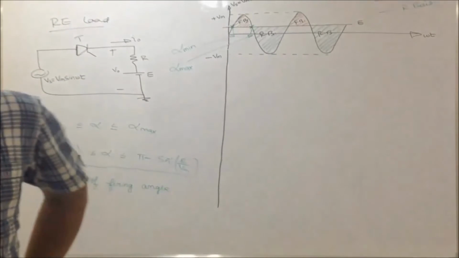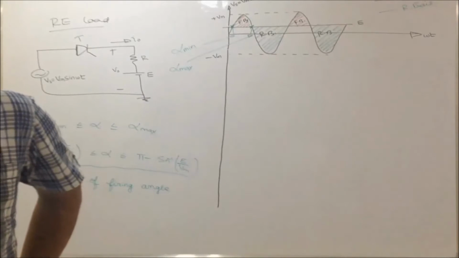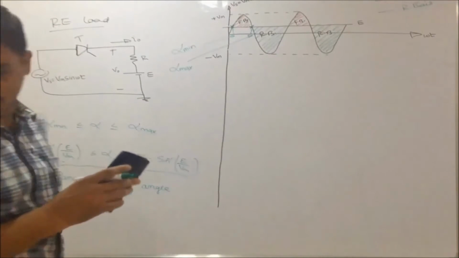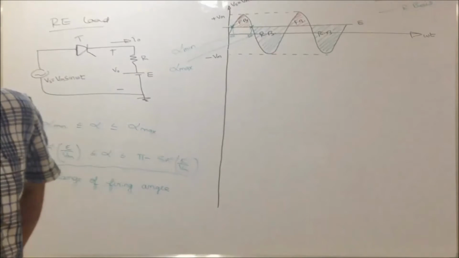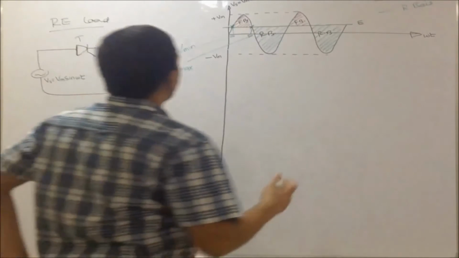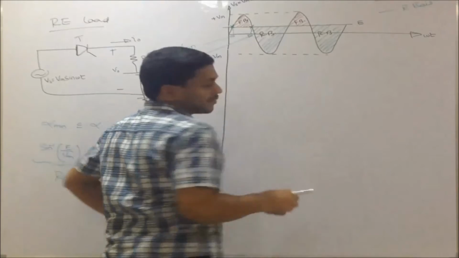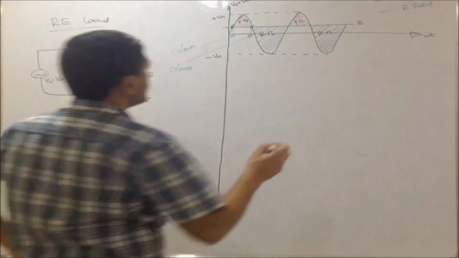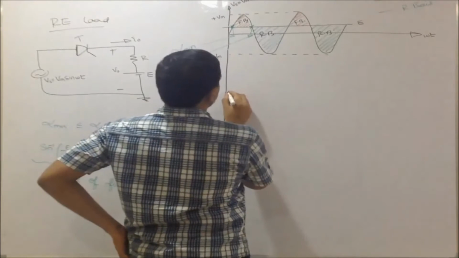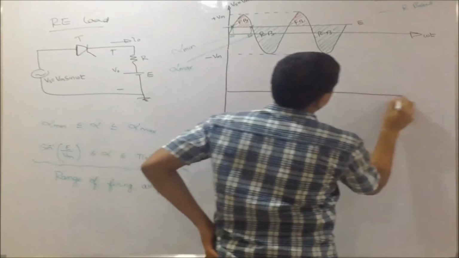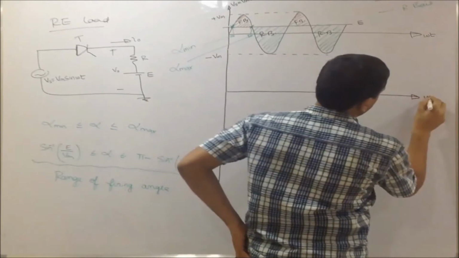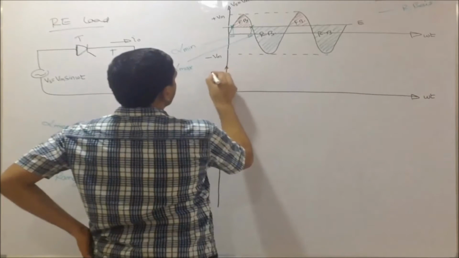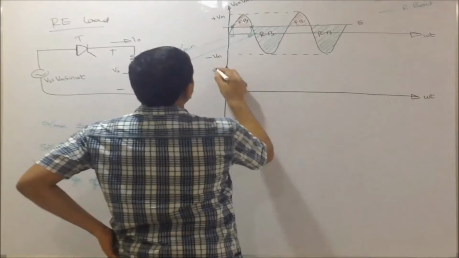Now we will go for the waveforms. Already we have drawn the source waveform. Now we have to draw V0, that is more important. V0 I am drawing.